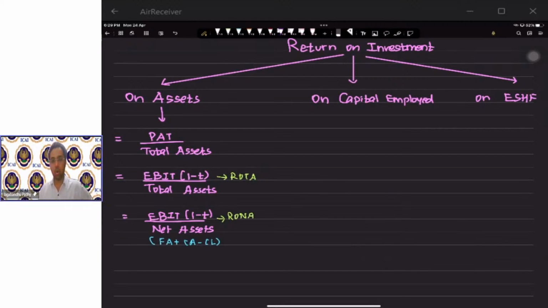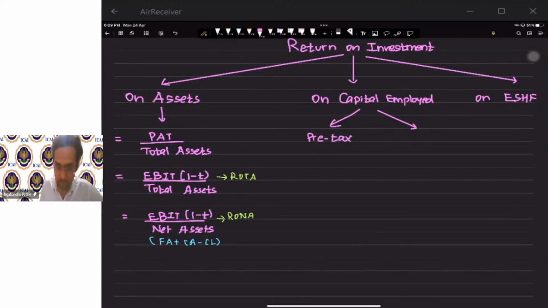Now, on capital employed, what are the return on investment ratios? On capital employed, you have two portions: pre-tax and post-tax.